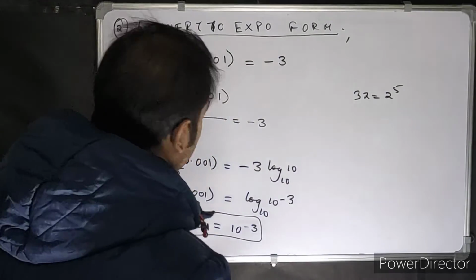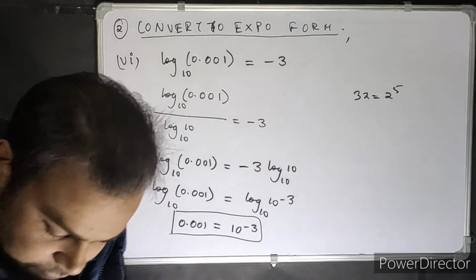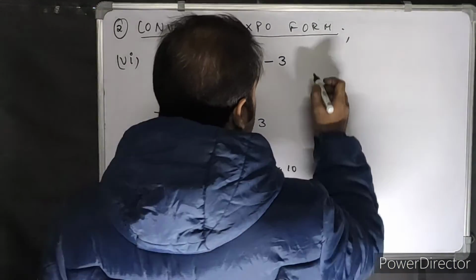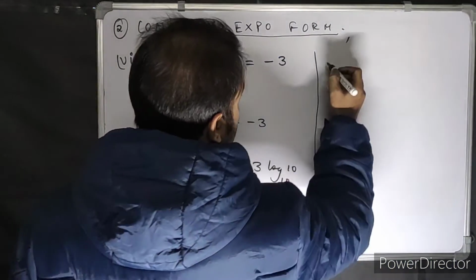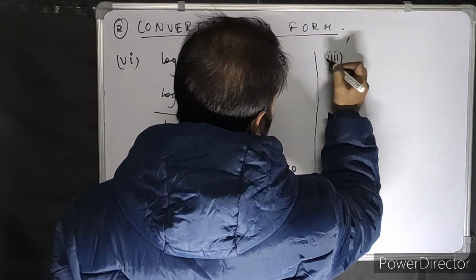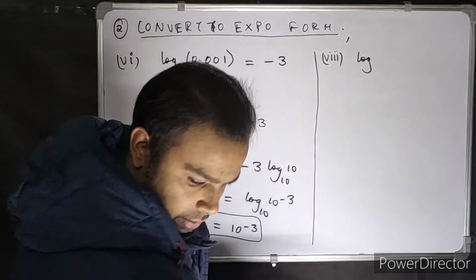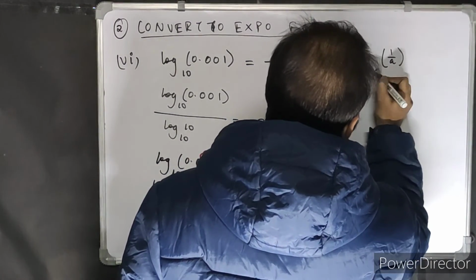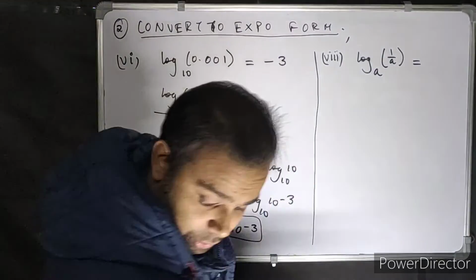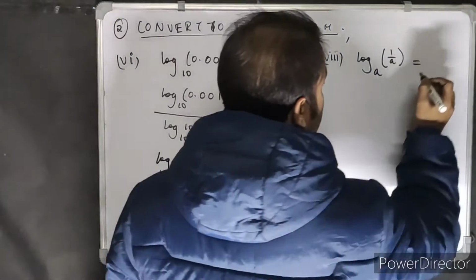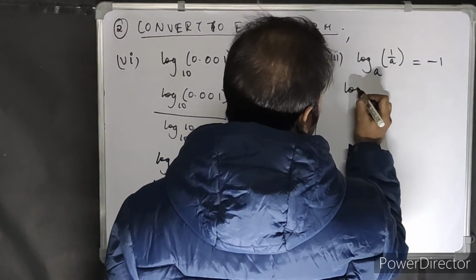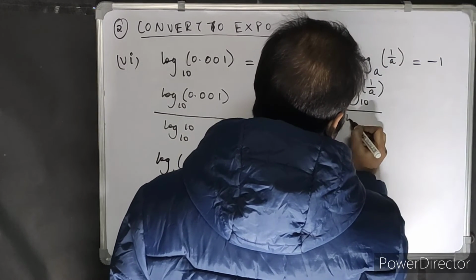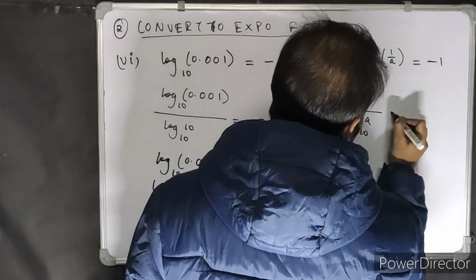Nice question. Part 8 of 2. Log 1 divided by a base a is equal to minus 1. Simple. Same way, log 1 divided by a base 10 divided by log a base 10.